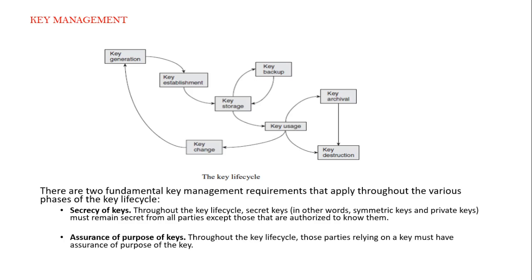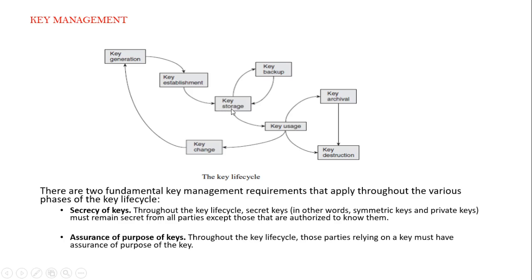You can see the key life cycle, which comes with all those phases. Initially we have key generation. Once we generate the keys, we need to establish the key. That is how we are supposed to send the keys from the sender to the receiver securely.